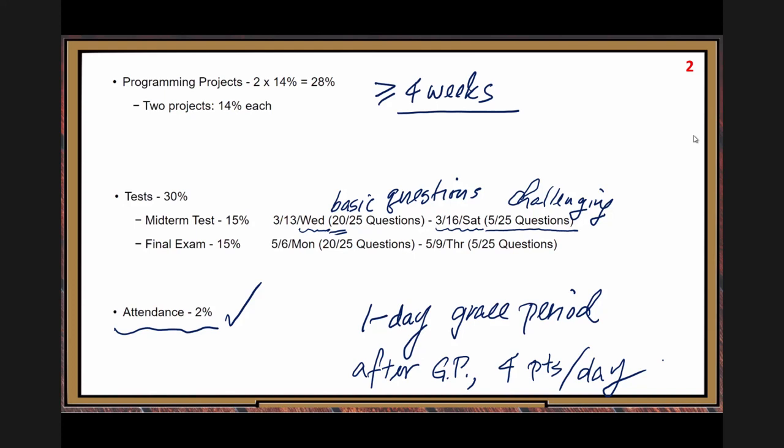Before I post the answers, that 4 points per day penalty. After I post answers, I do not accept late submission. Usually, you have at least several days, but not too long.